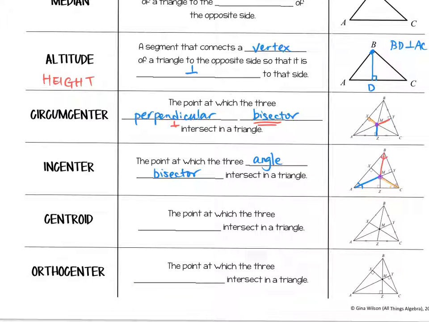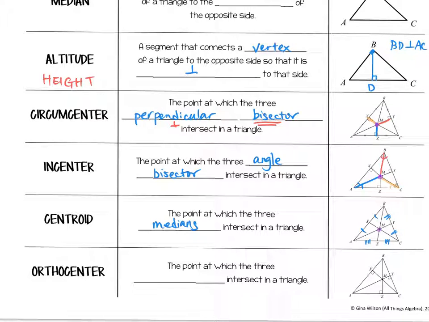Centroid. Centroid is the point at which the three medians intersect. And recall, a median is the segment that connects the vertex to the midpoint of the opposite side. So we're really just talking about where all the medians meet.